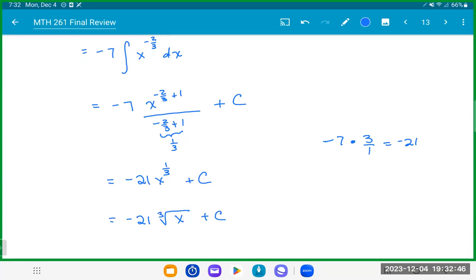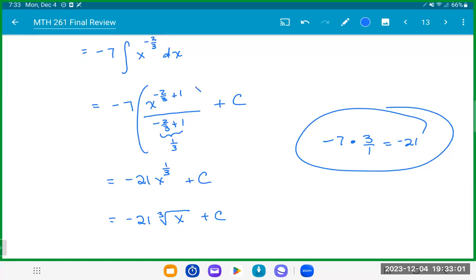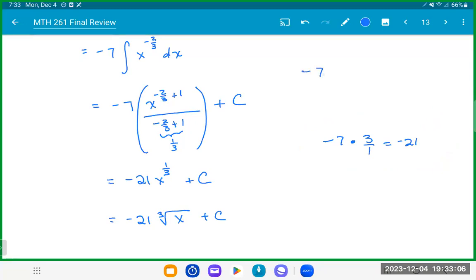Professor, how did you get -21? I understand that part. I'm just really confused on the bottom. Because this is all multiplied together, right? Correct. So we have -7 times this stuff and this stuff. We don't have any numbers up here in the top, so it's like a 1. And so the number in the bottom is 1/3.